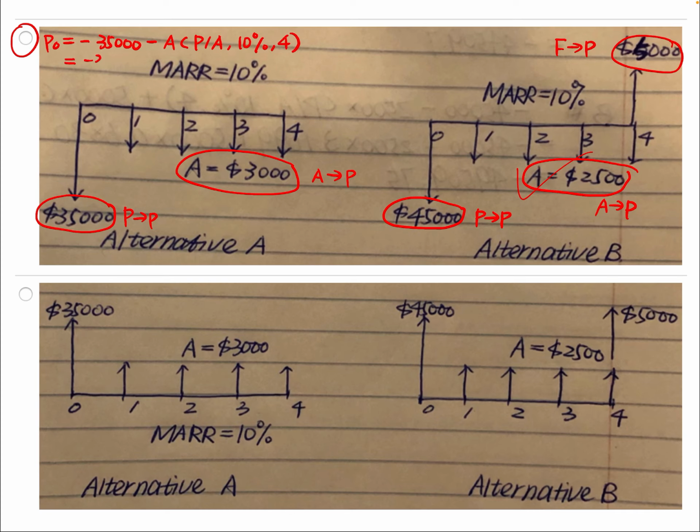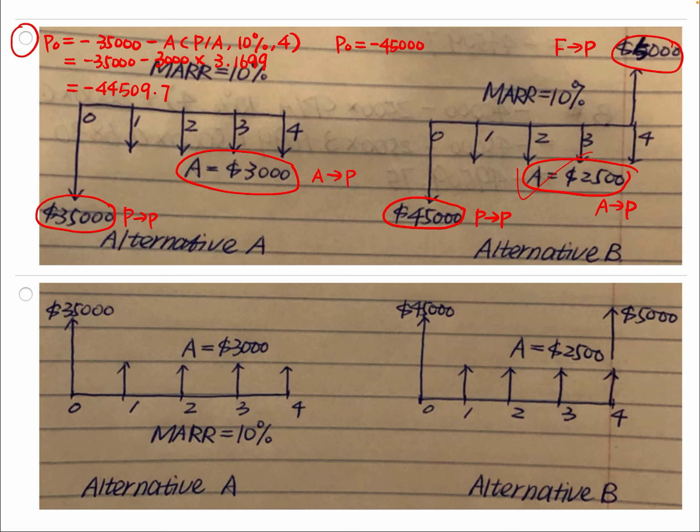And A is 3,000. The factor is 3.1699. So the answer is negative 44,509.7.